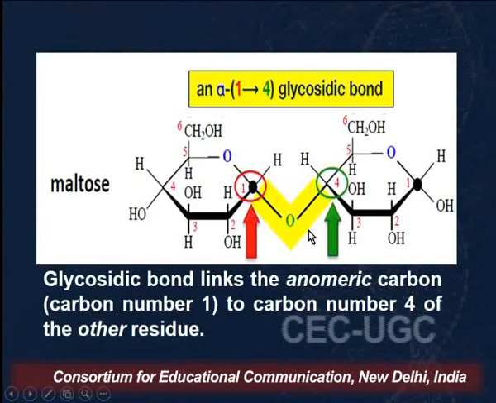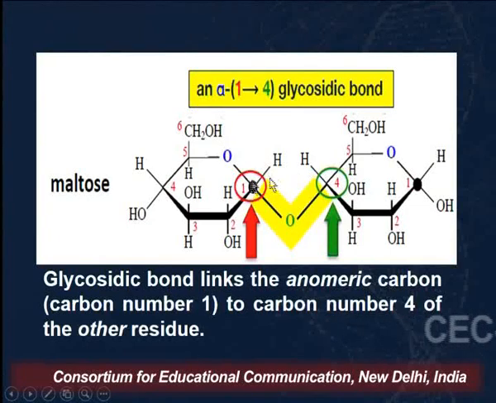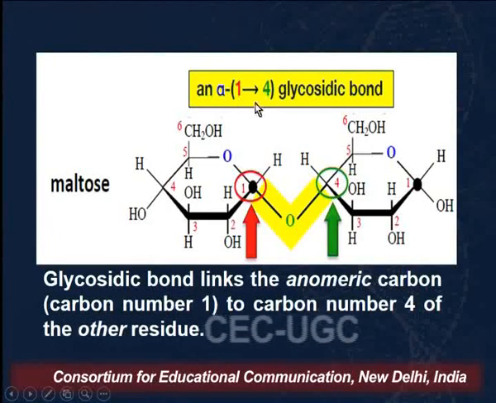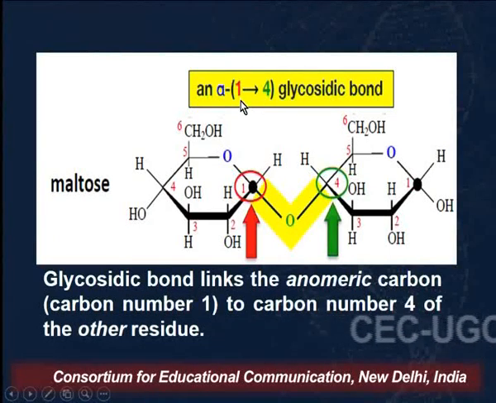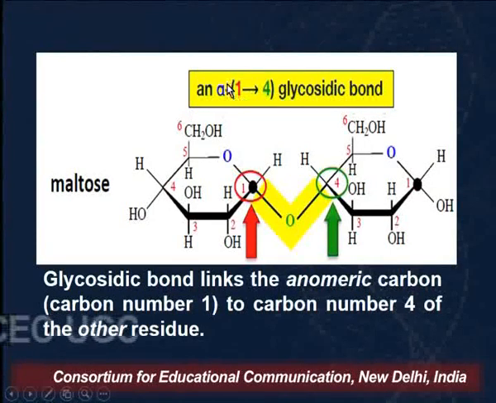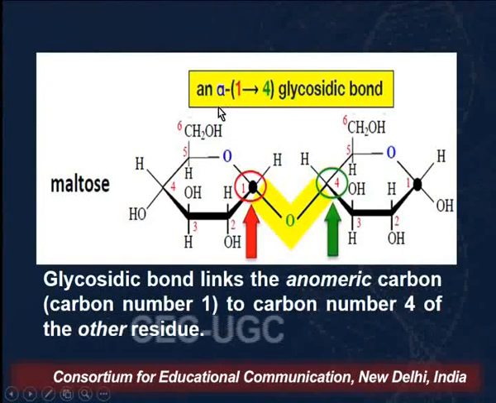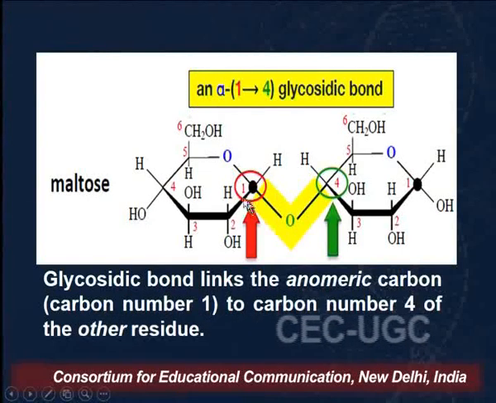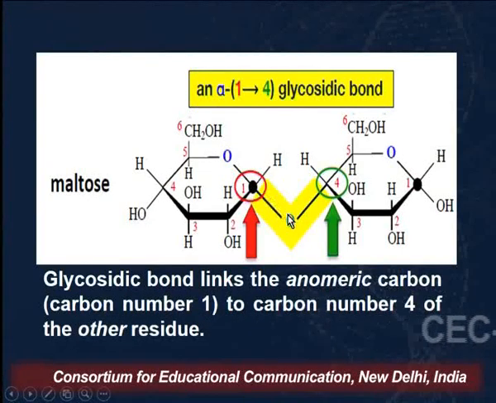This is what the 1 and the 4 terms, that is the numerals, indicate in 1,4 in bracket, that the bond is starting from first, it is between first and the fourth carbon. Now the alpha terminology indicates here that this bond, that is the CO bond here, is pointing in downward direction.